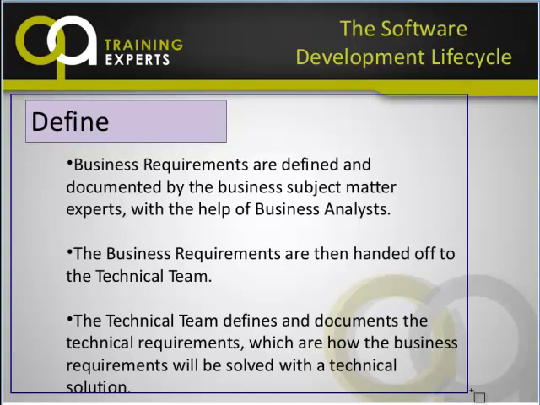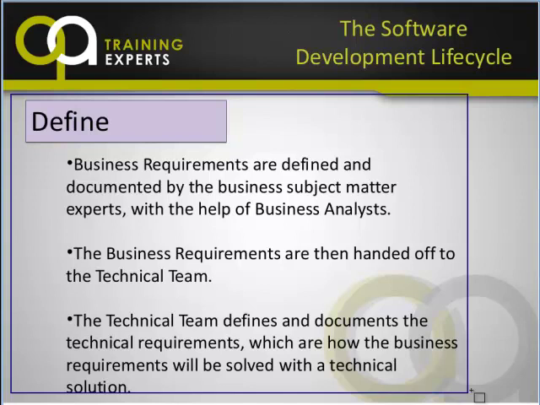The purpose of this get together is for them to hash out and make sure that coming out of this phase, very important, coming out of this phase, we have finalized business requirements. We have finalized technical requirements. We know what the business wants.